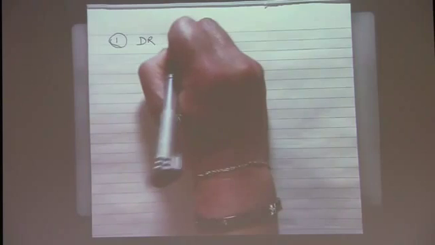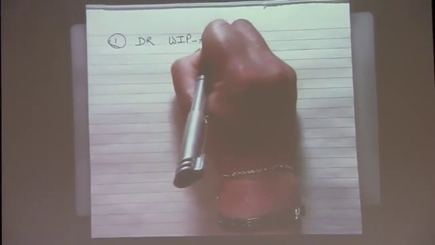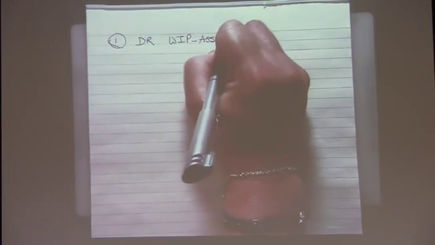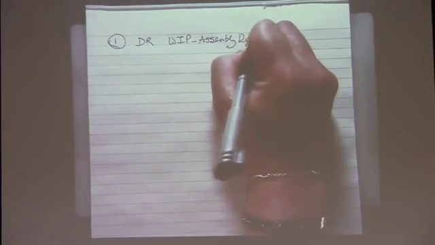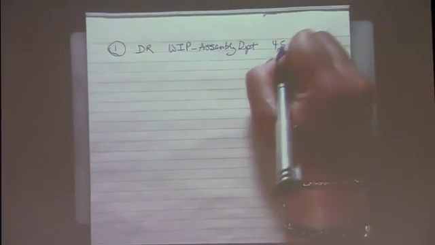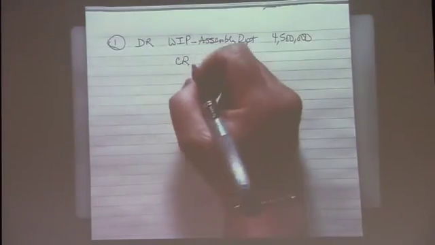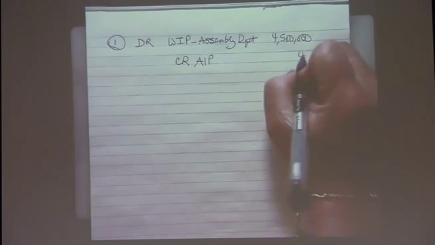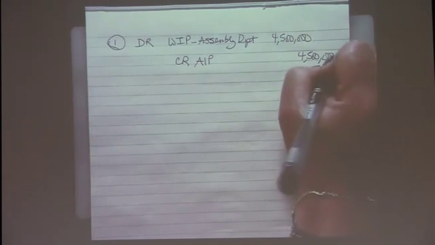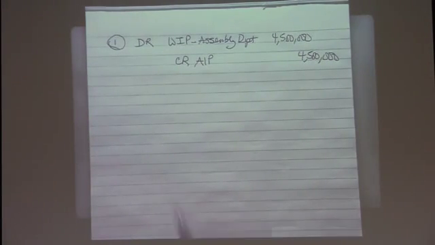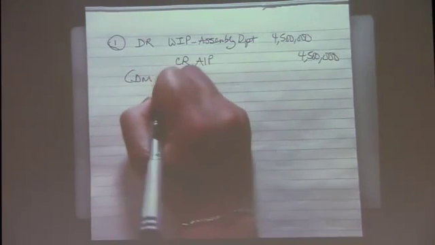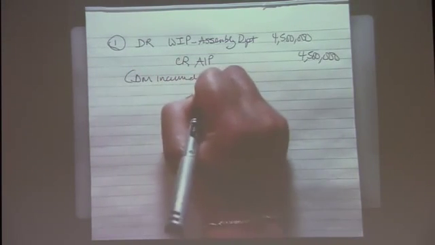So we're going to debit work in progress assembling department, $4,500,000, and we're going to credit accounts payable, assuming that these are purchases made and they were not paid, and these would be the direct materials incurred for October.